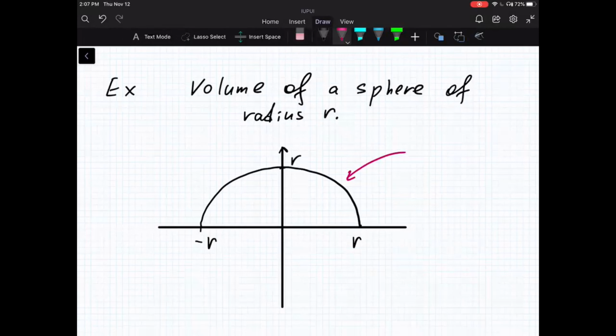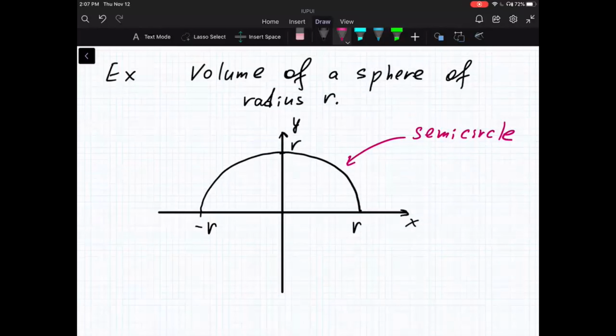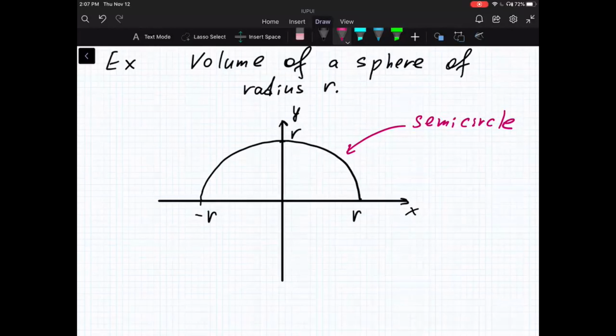So it is my semicircle. And we can obtain the whole sphere if we rotate this semicircle around the x-axis. Or in other words, a sphere is a solid of revolution that can be obtained by this semicircle rotated around the x-axis.